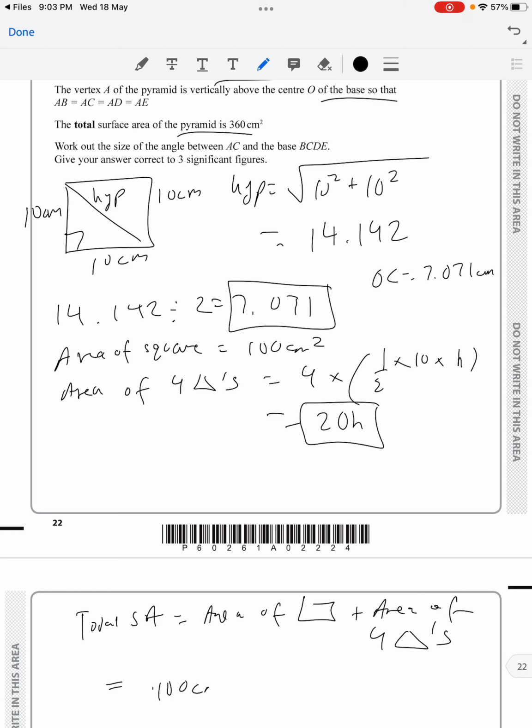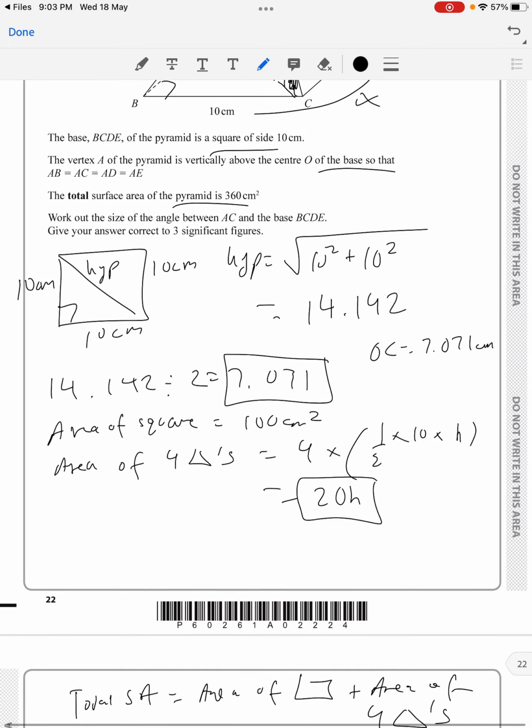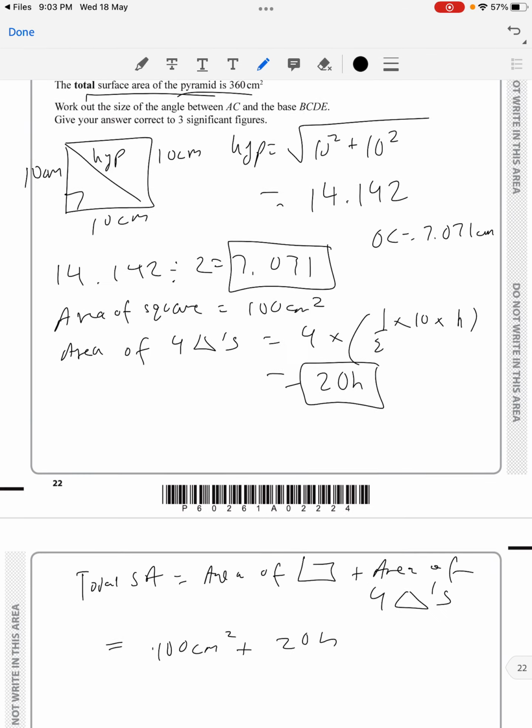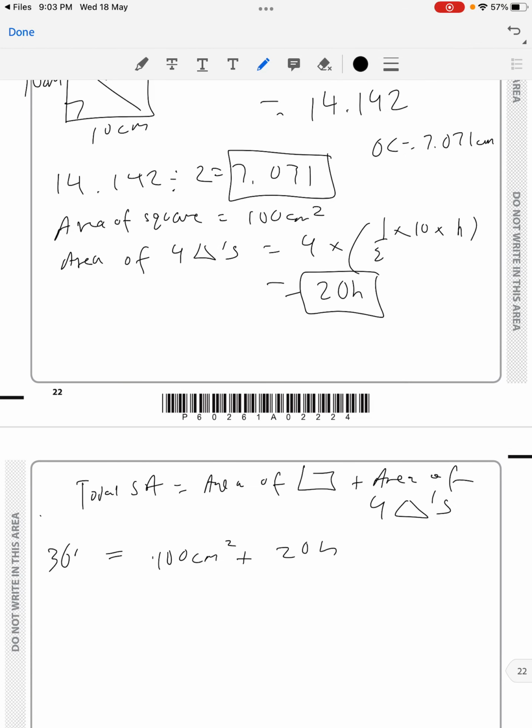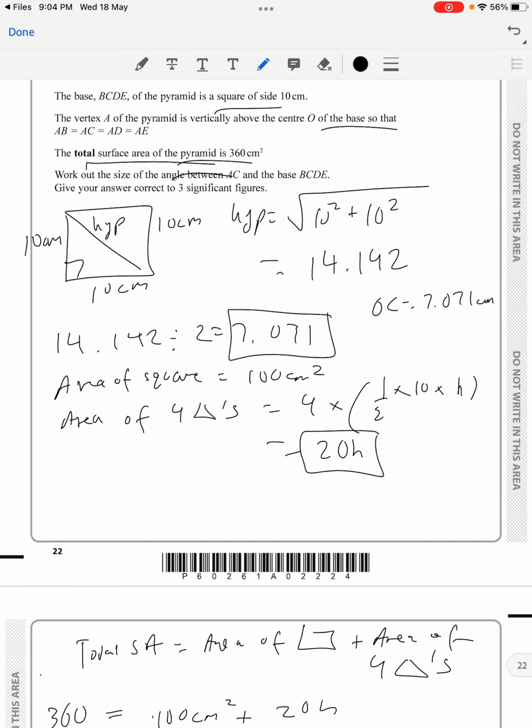The area of the square is 100, plus the area of four triangles, 20H, and they're all equal to the total surface area of the pyramid, which is 360. You rearrange the equation, subtracting 100 from 360. You have H equal to 260 divided by 20. That should give you 13 centimeters.